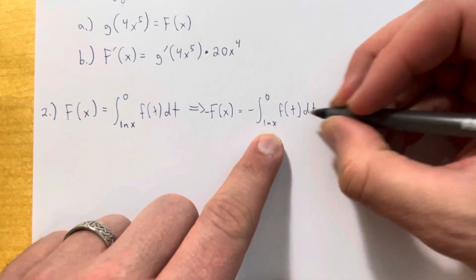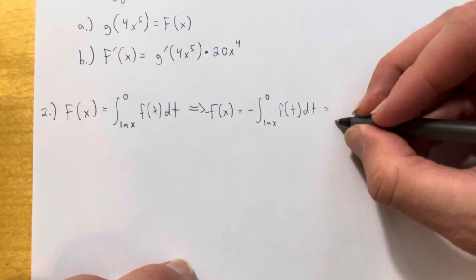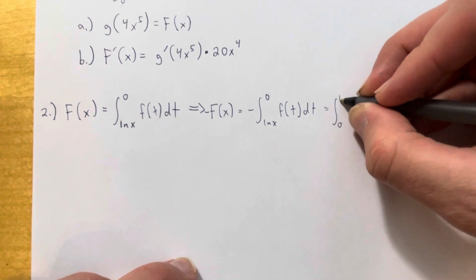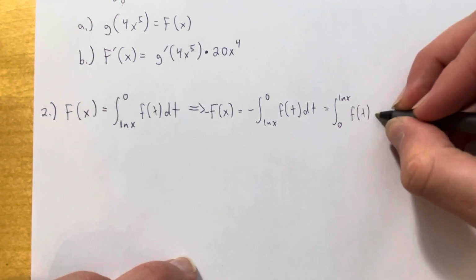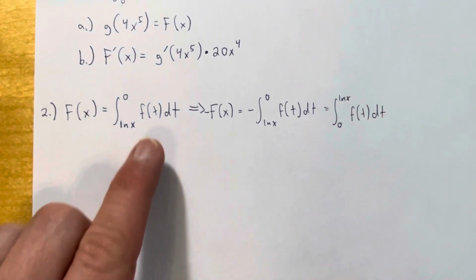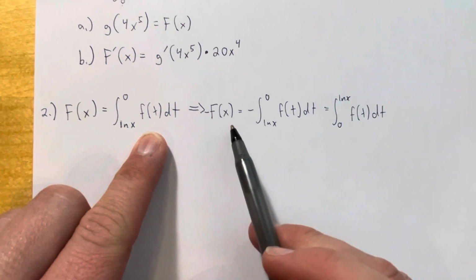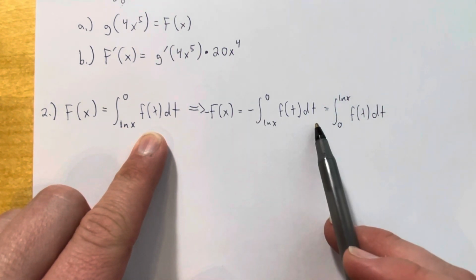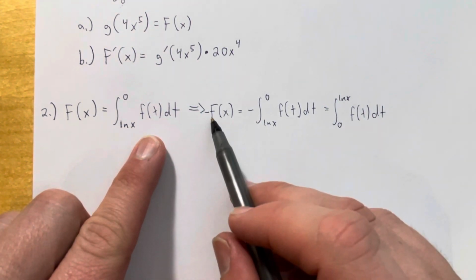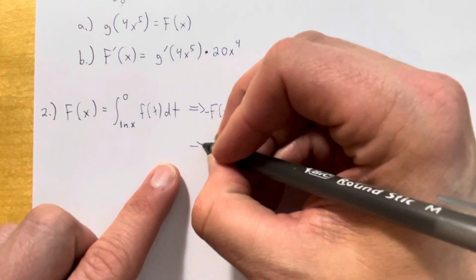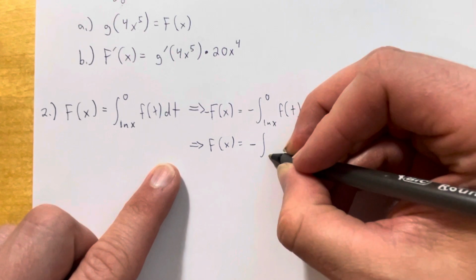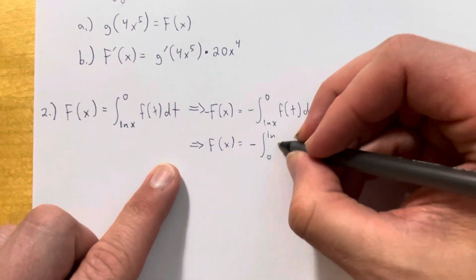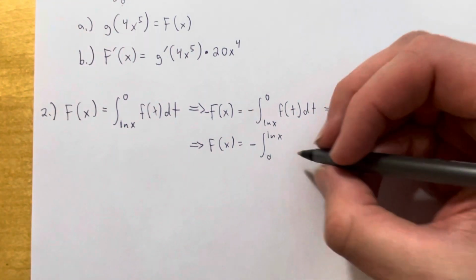But that negative can be used to switch the order of integration, and now there's no more negative. f of t dt. Okay, so this thing is the opposite of this. If I multiply both sides of this by a negative, I can say that f of x is equal to negative the integral from 0 to the natural log of x, f of t dt.